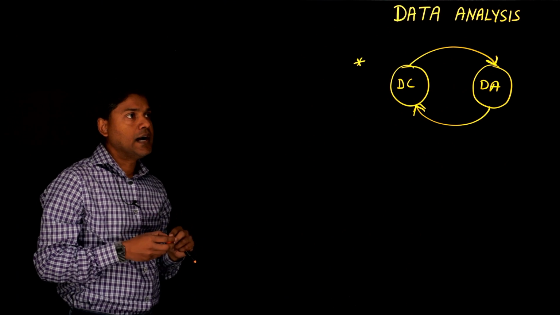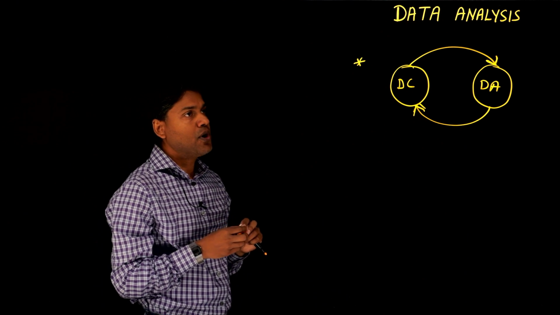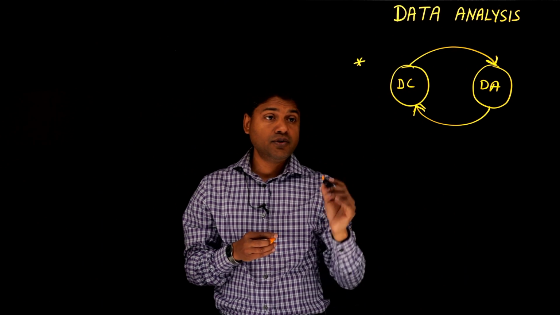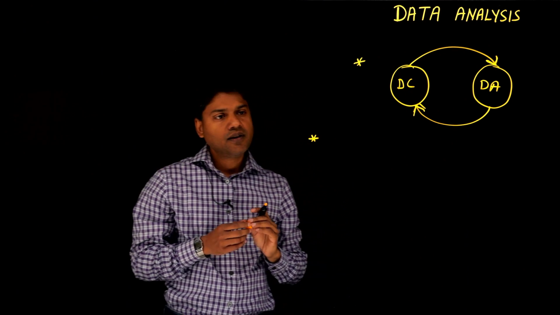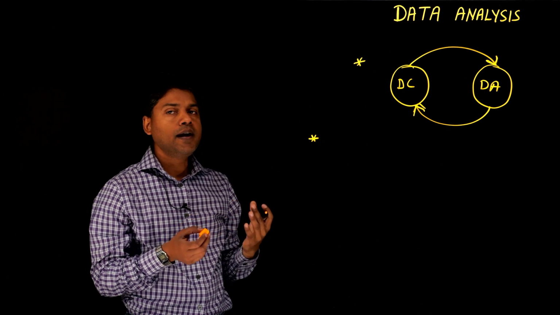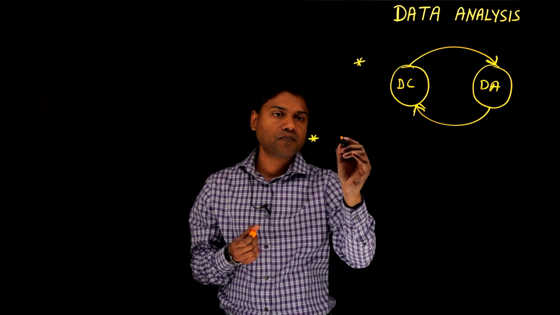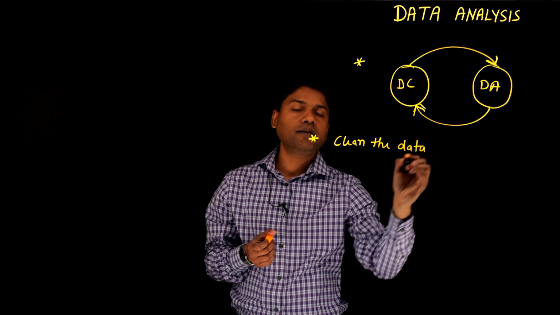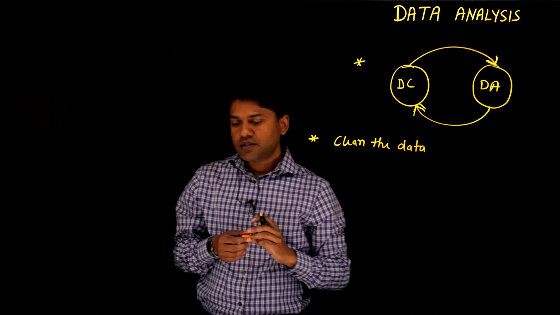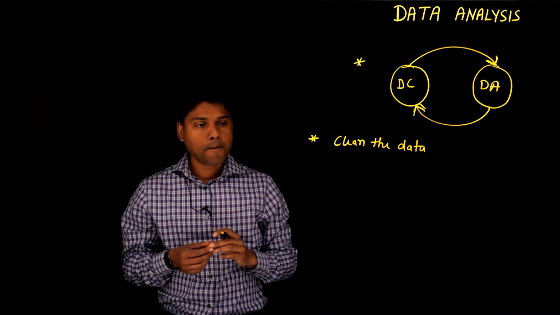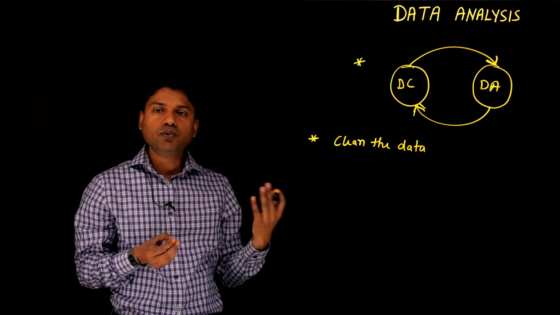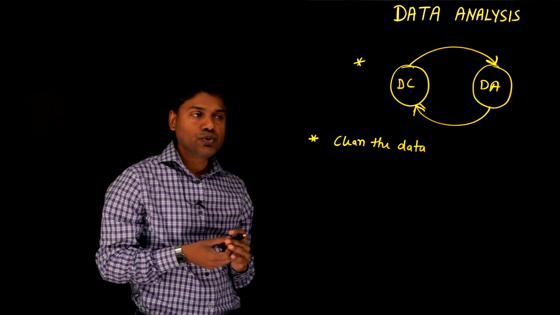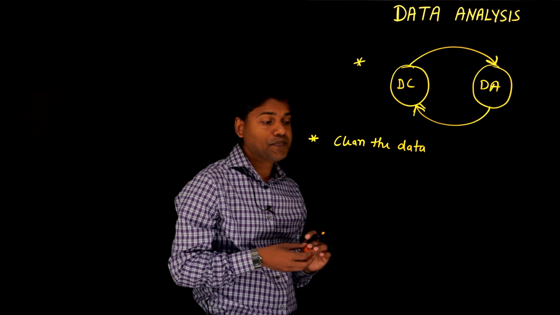And before we start the data analysis process, there are other things that we need to do as qualitative researchers. The first thing is you need to organize and clean the data. What I mean here, cleaning the data. So let's say I did my interviews, and these days, because of AI, there are so many tools that people use to transcribe their interviews.